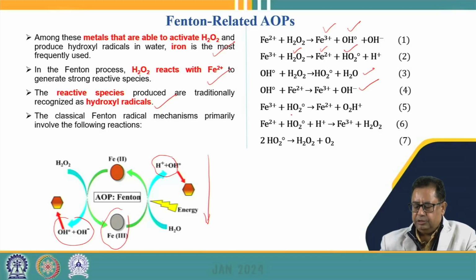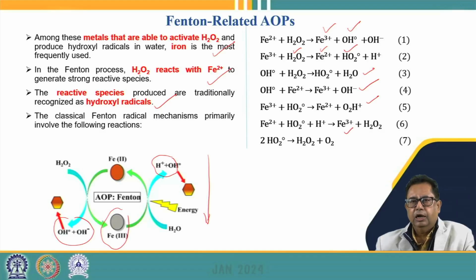Similarly, ferric can combine with HO2 radicals, that is hydroperoxide radicals produced in the above reactions, so it can get converted to ferrous ions, and similarly the ferrous ions can also combine with the hydroperoxide radicals to form the ferric ions. So this is a cyclic process that continues, and it leads to the formation of a number of free radicals, and they can lead to the degradation of the organic compound which we are targeting.